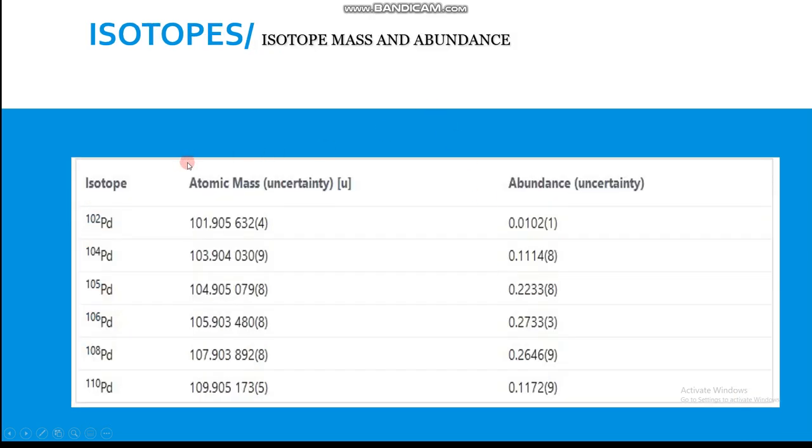Isotopes. We have more than these 6 isotopes, but we have only 6 stable isotopes. So that table shows the only 6 stable isotopes of palladium and their atomic mass.